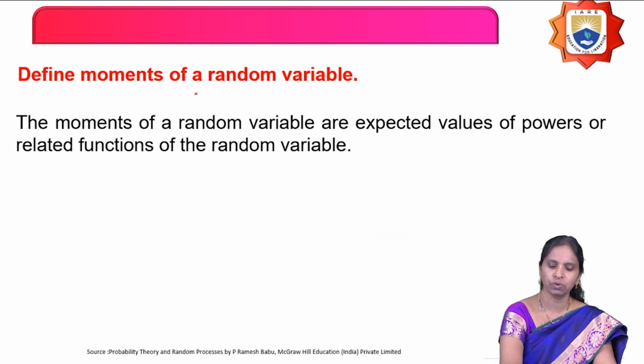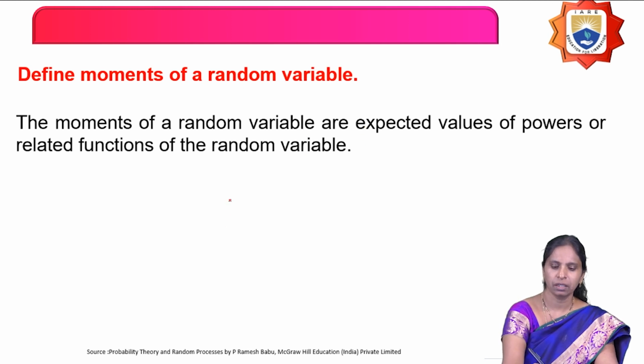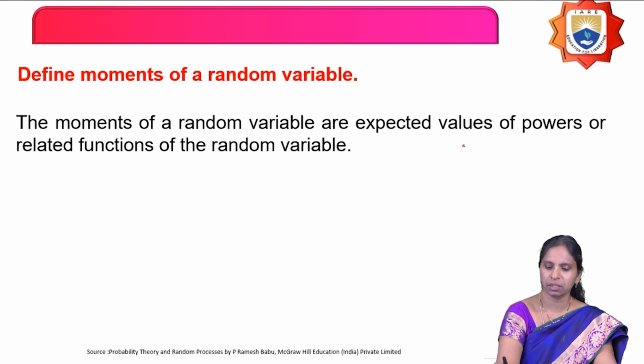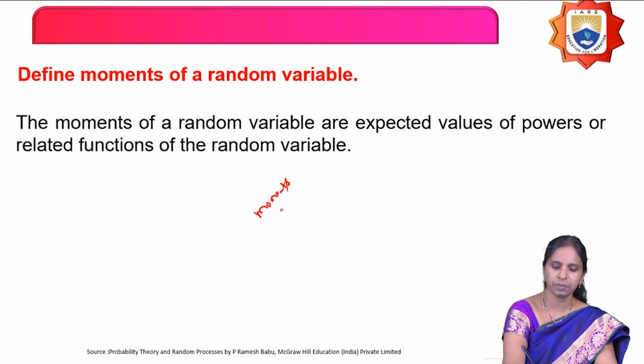Next, define moments of a random variable. So what are the moments of a random variable? The moments of a random variable are the expected values of powers or related functions of the random variable. There are two types: moments about the origin and moments about the mean.